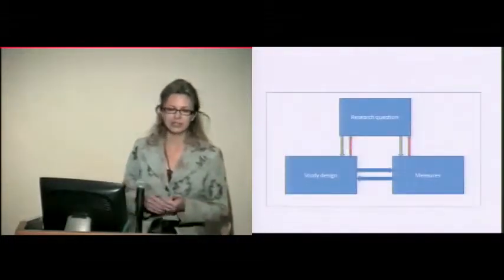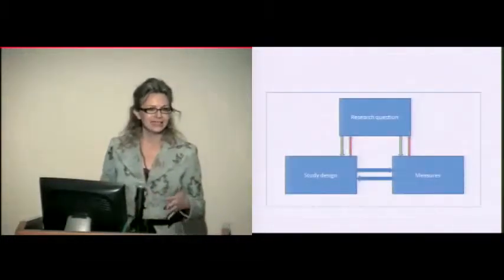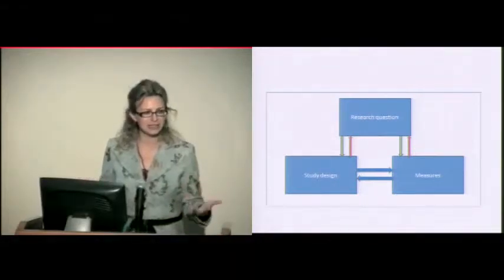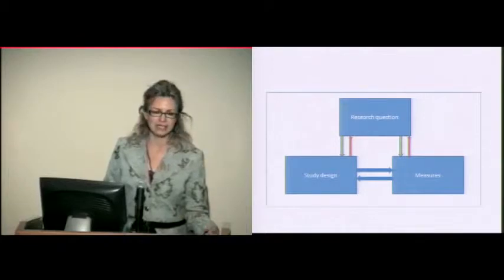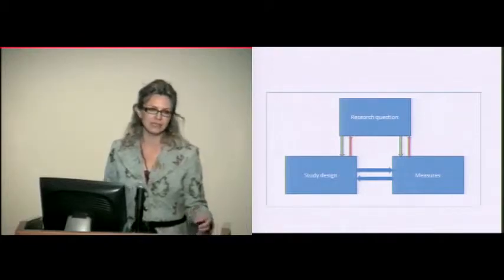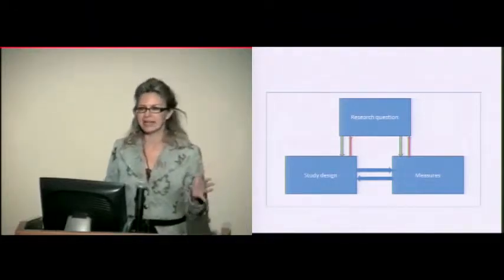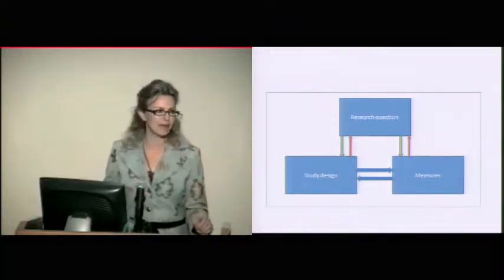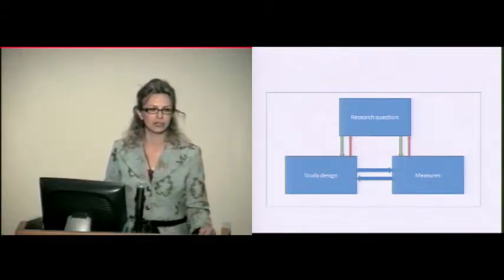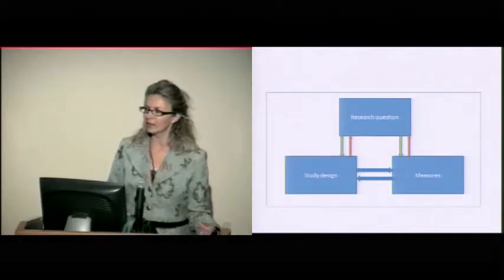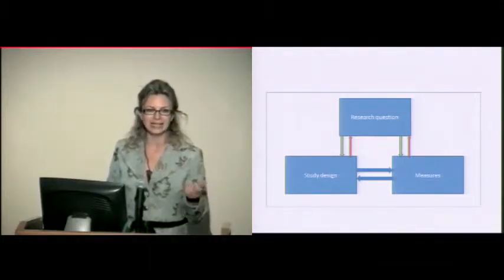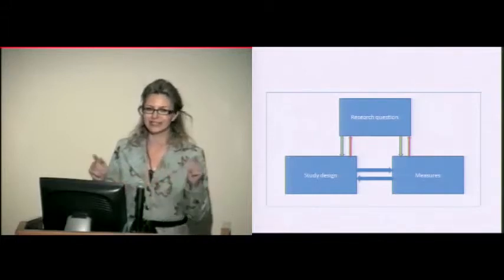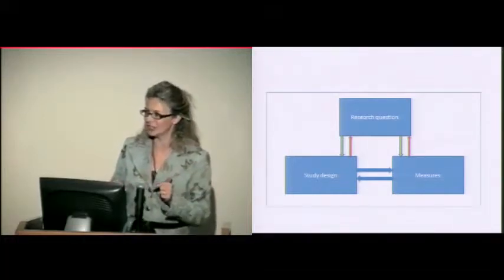So this visual is pretty simple, and it just tries to remind us that ideally when we start to think about design for a study, our starting point should not be thinking of which study designs are good study designs, which study designs are bad study designs, but rather what our research question might be, what kind of information we need to collect to answer that research question, and then that might inform us what kind of study design can provide that information.